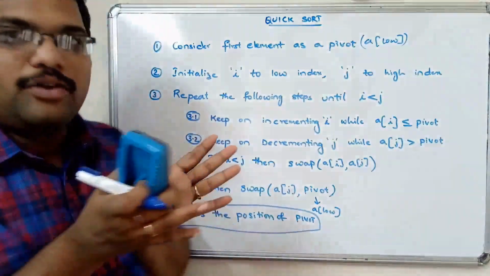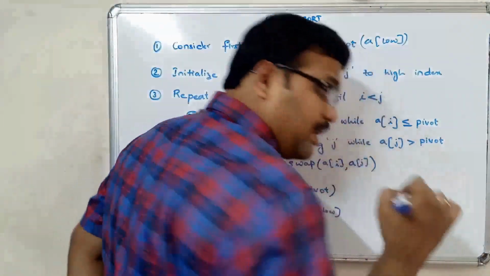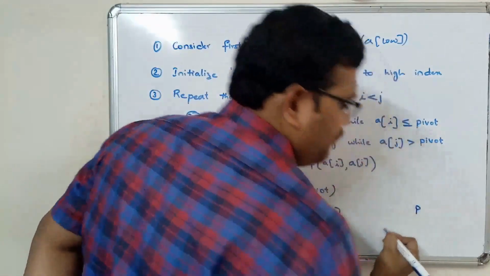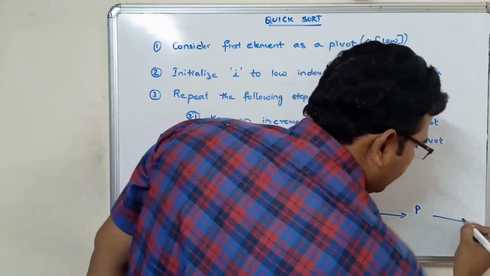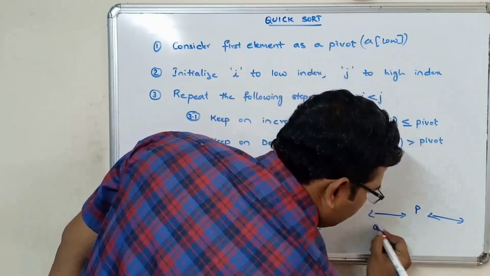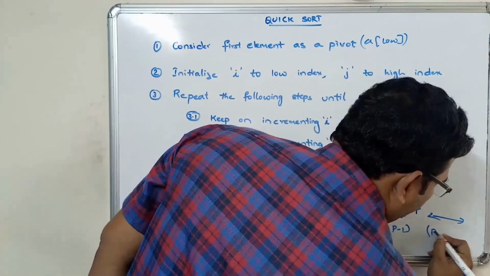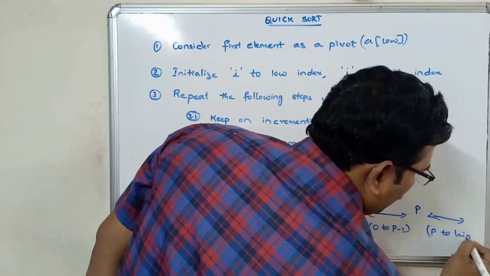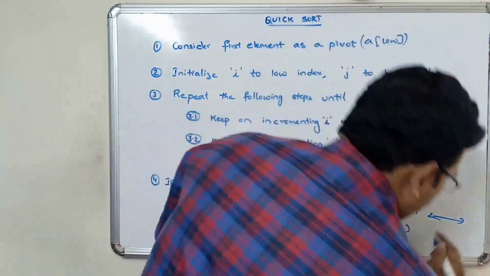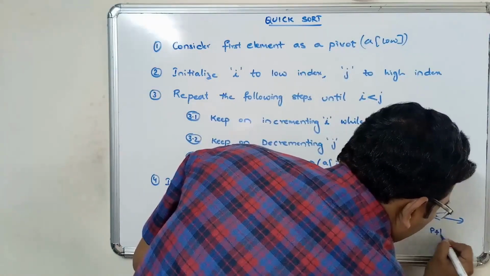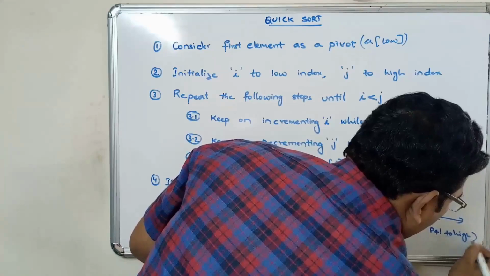Now divide into two partitions. After getting the pivot value, this is one partition and this is another partition. So this is 0 to p minus 1, and here p plus 1 to high.